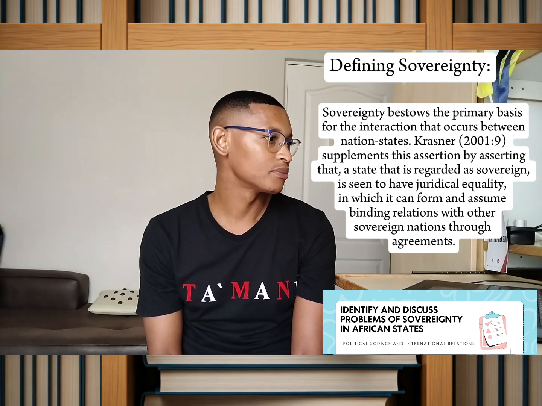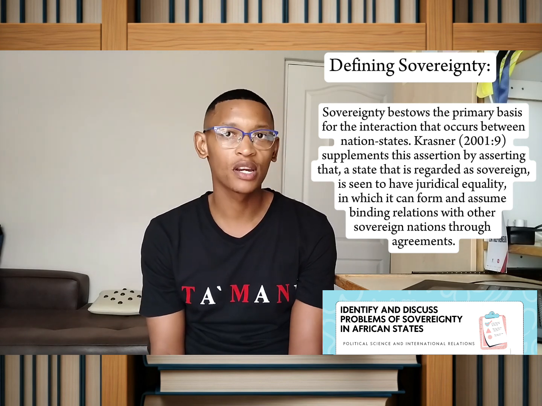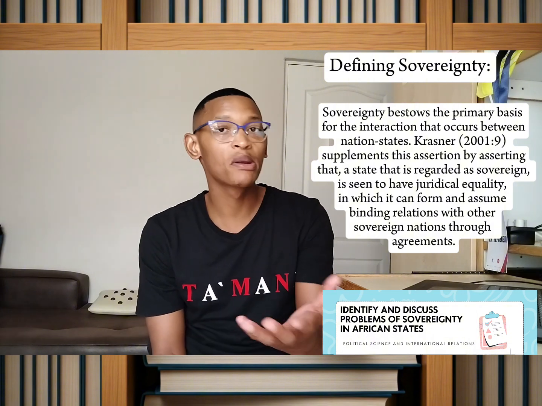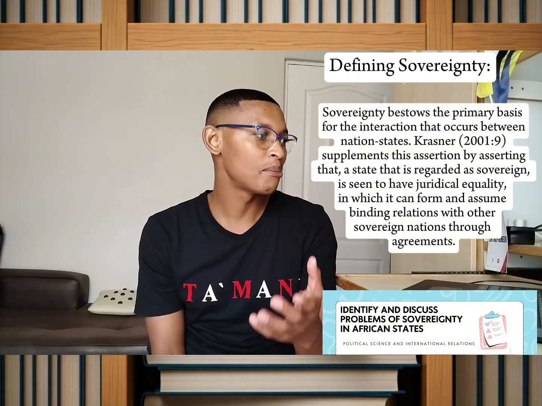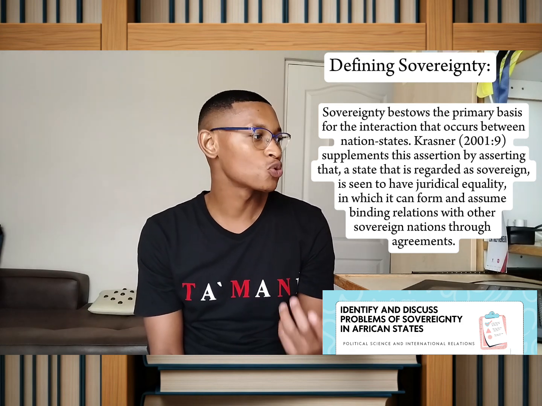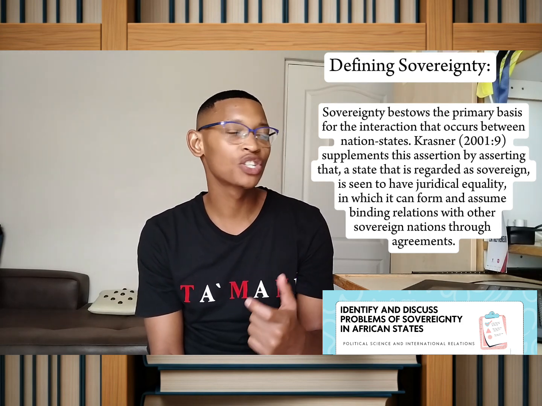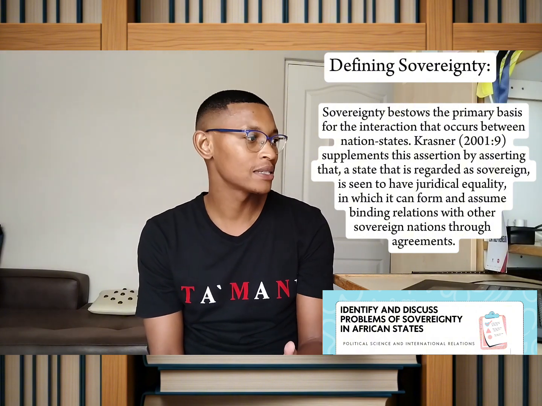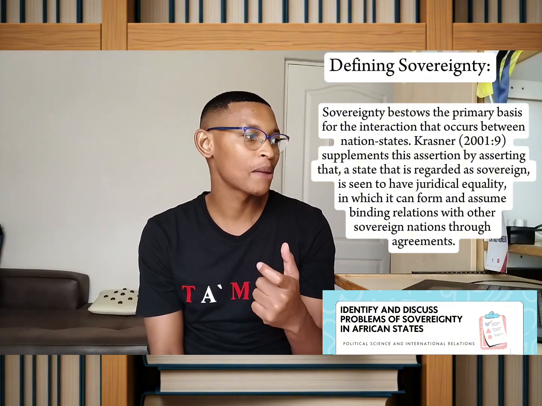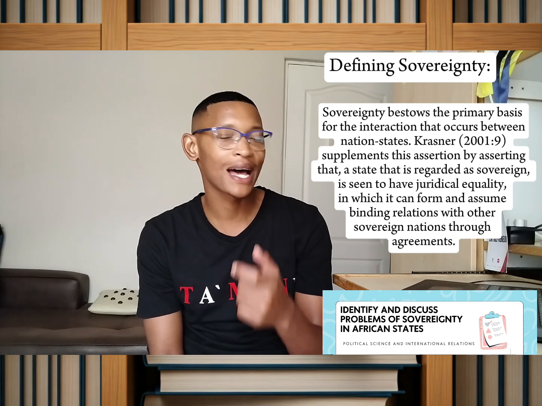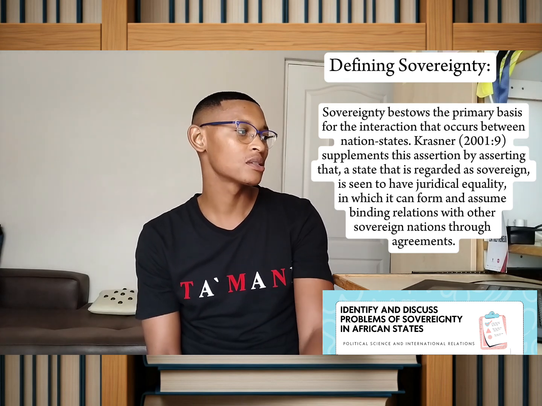And then Kressner, 2001, chapter 9, supplements this assertion by asserting that a state that is regarded as sovereign is one that is seen to have juridical equality, or jurisdictional equality, in which it has the capacity to form and assume binding relations with other sovereign nations through agreements.